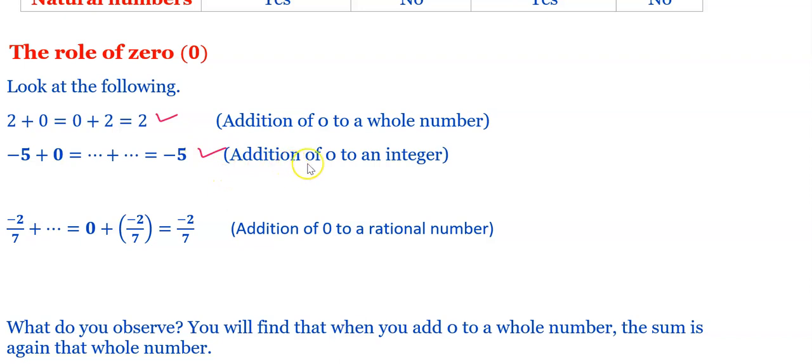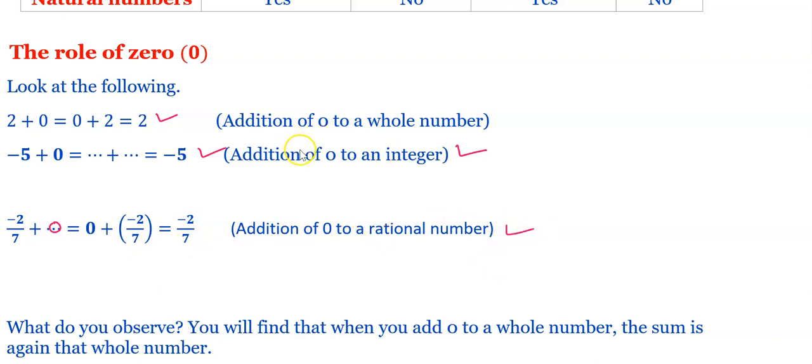That is addition of 0 to an integer. Next, -2 by 7 plus 0 is equal to 0 plus -2 by 7, and that equals -2 by 7. Addition of 0 to a rational number.